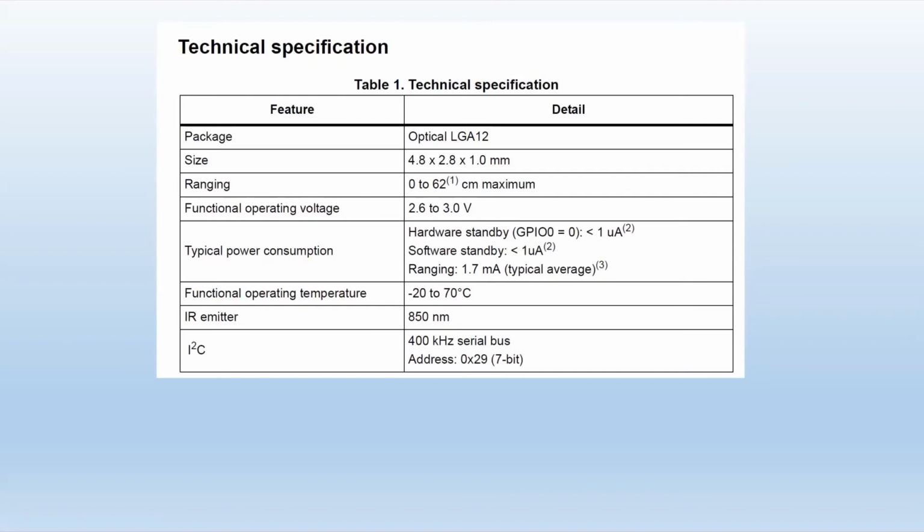Let's have a quick look then at the technical specification for this module and some of its features. As I mentioned earlier, very small size, roughly 5 mil by 3 mil by 1 mil, a tiny little module on that PCB that works on the I2C bus.